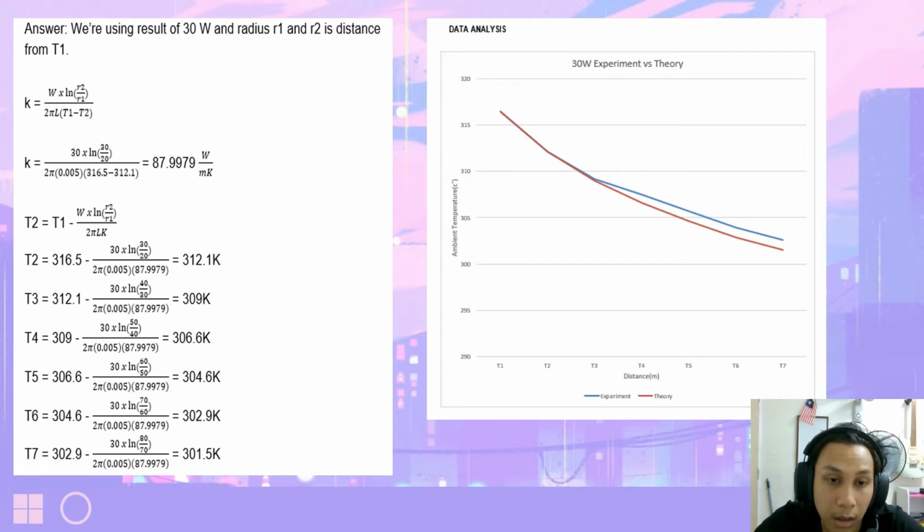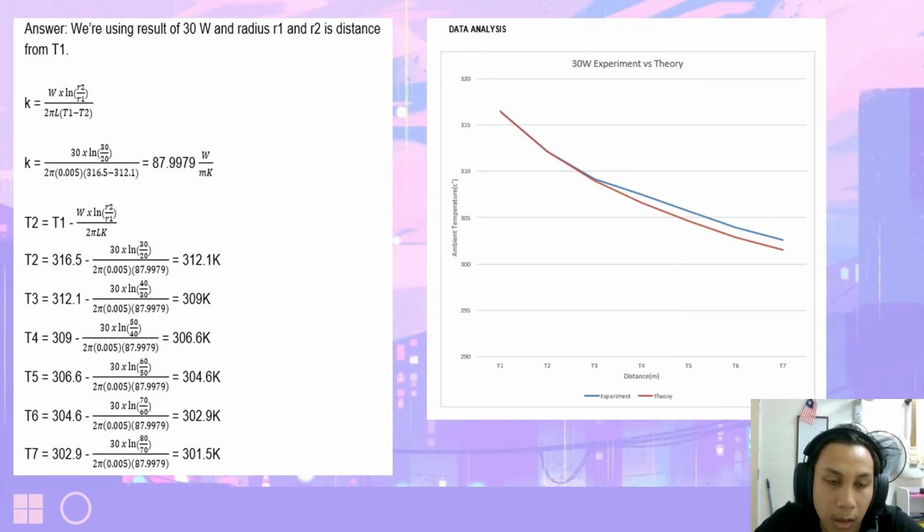So 312 and 312.1 minus 30 multiplied by ln 40 divided by 30 and divided by 2 pi 0.005 and multiplied by 87.9979.